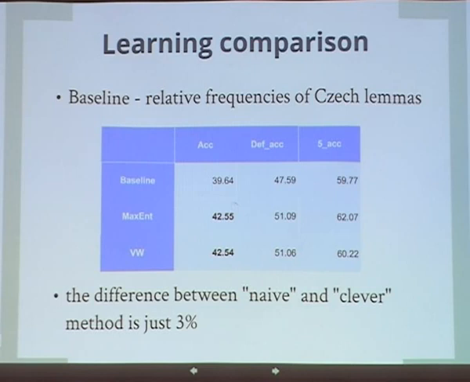So it's an easy, simple baseline, but maximum entropy and Vowpal Wabbit are equally good, and we spent several years building this machinery and just improved 3% over the baseline, so it's very discouraging.